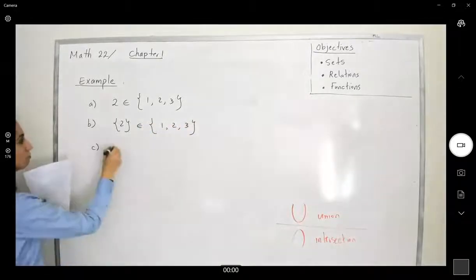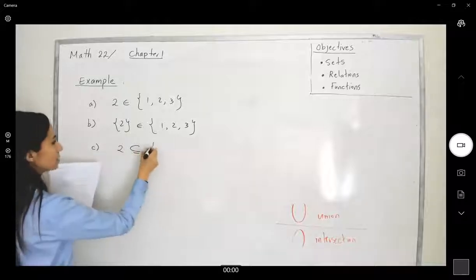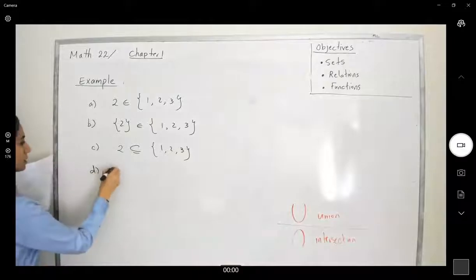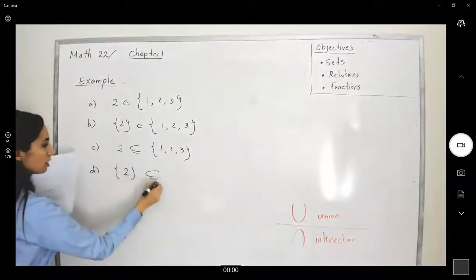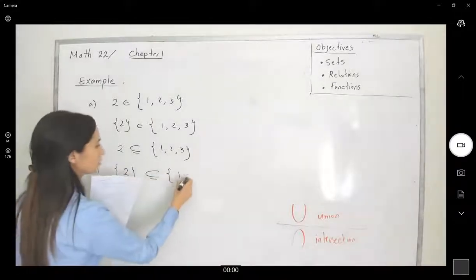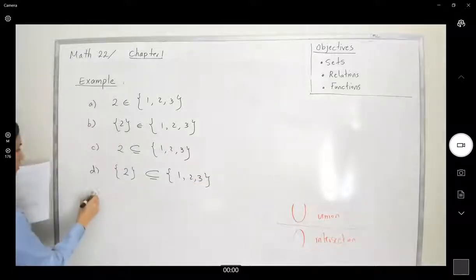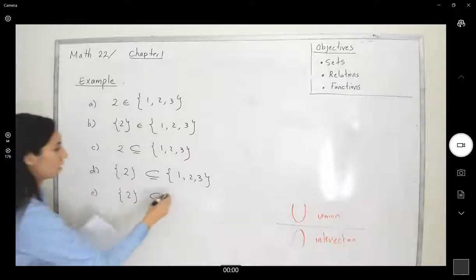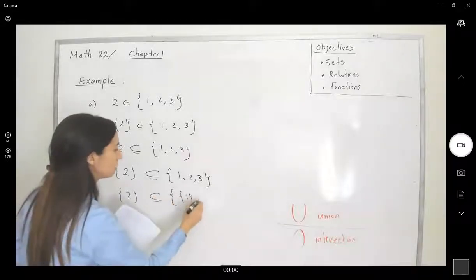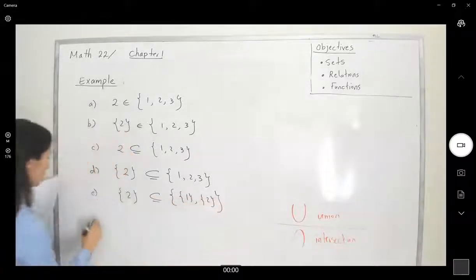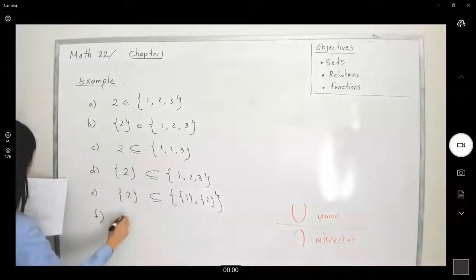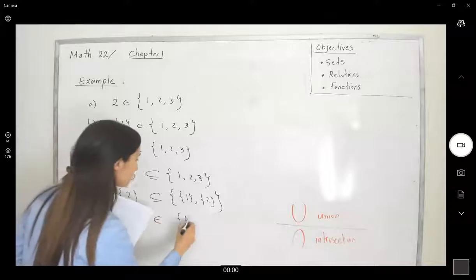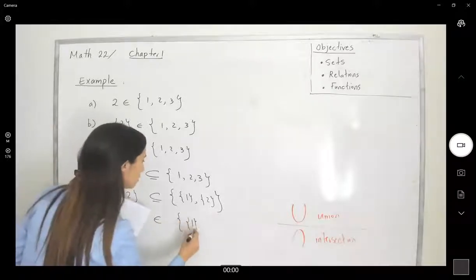C, 2 is a subset of set {1, 2, 3}. D, set including a digit is a subset of set {1, 2, 3}. E, set {2} is a subset of set {1, 2}. And F says set {2} belongs to the set {1, {2}}.